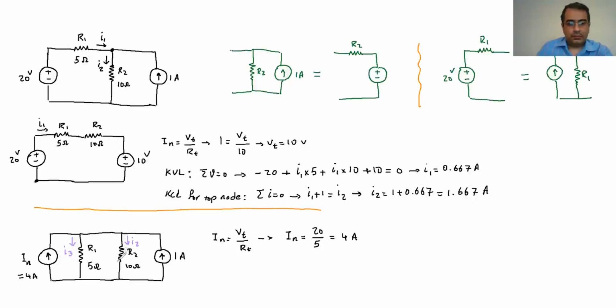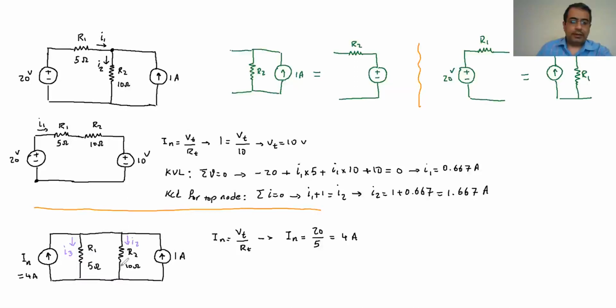So I3 goes through that and I2 goes through that, because the right part of the circuit hasn't changed. It's the same as it was before. So I2 and I2 are the same, and everything is the same.